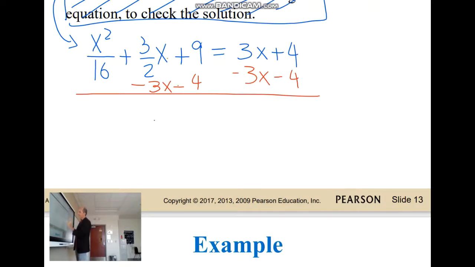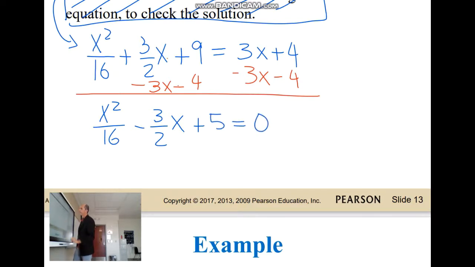Okay. The result is x squared over 16. Positive 3 over 2x minus 3 is negative 3 over 2x. 9 minus 4, 5 equals 0.